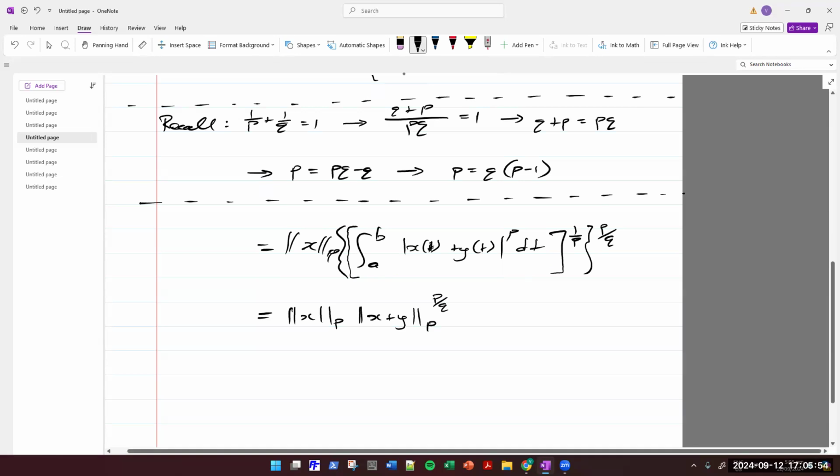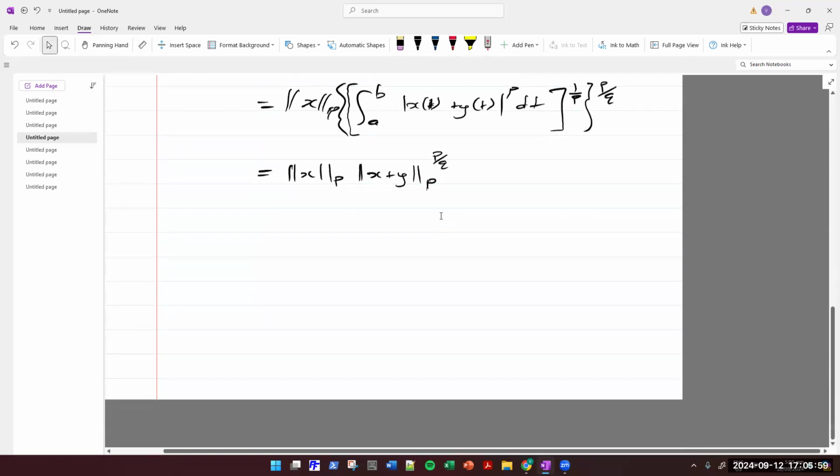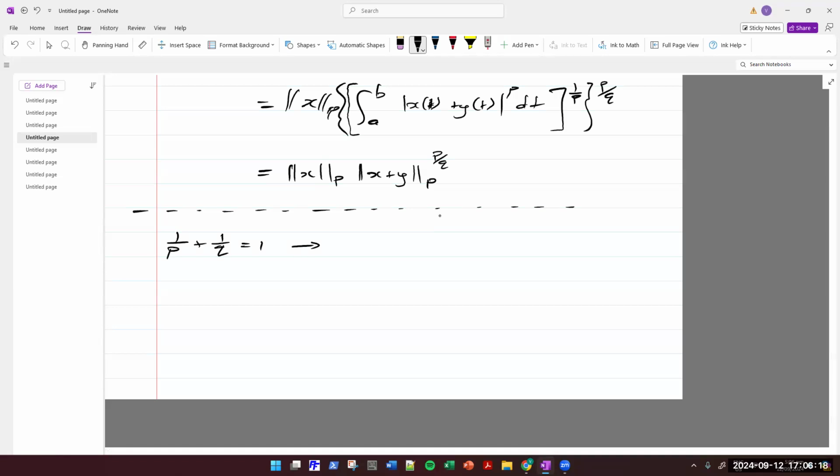Okay, and p over q, that's equal to our next number. So now we have to work out what that number is. Again, we go back to 1 over p plus 1 over q is equal to 1. Let me multiply through by p. So p over p plus p over q is equal to p.